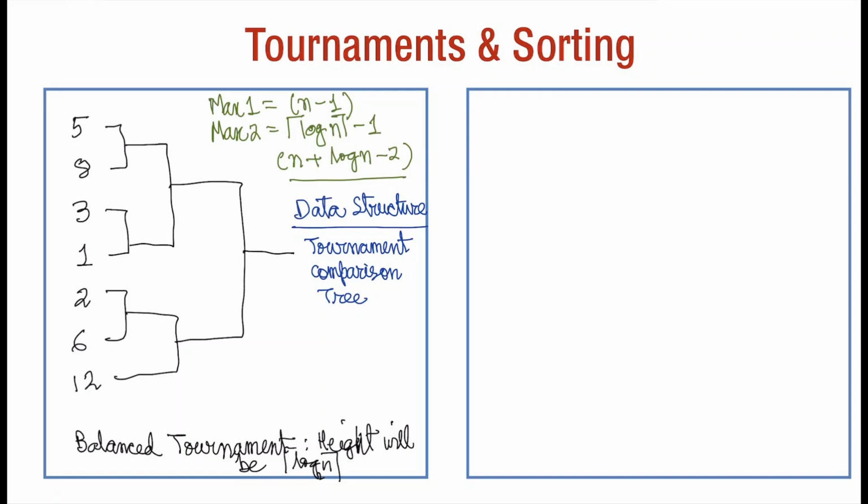Now let us see what is the fallout of this tournament comparison tree, and can we extend this further to get max 3? Can we extend this further to get max 4? Can we extend this further to get max 5, etc.? But before we come to that tournament comparison structure, I wish to revisit the max and min.